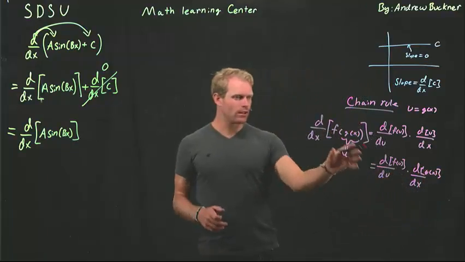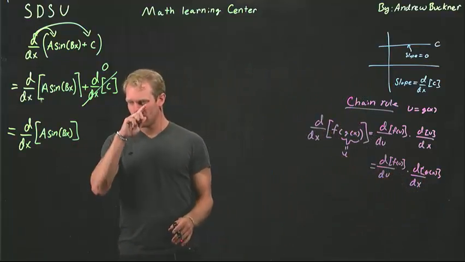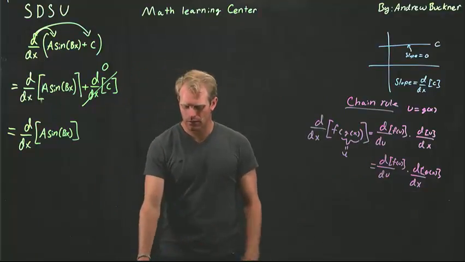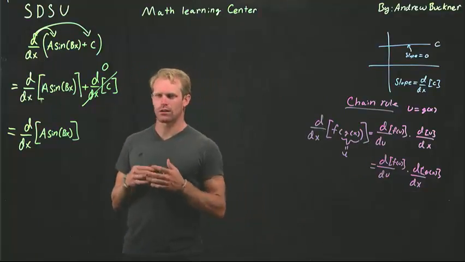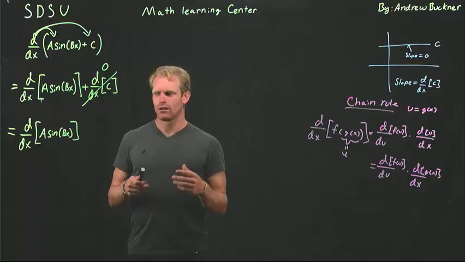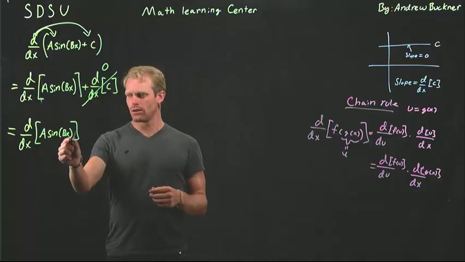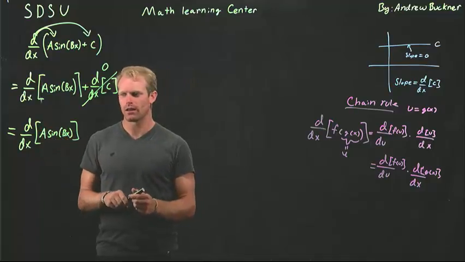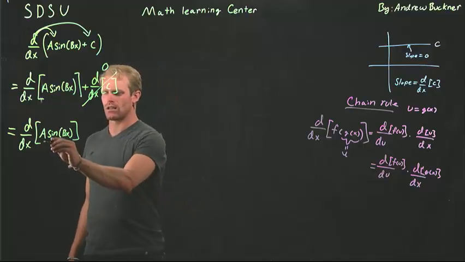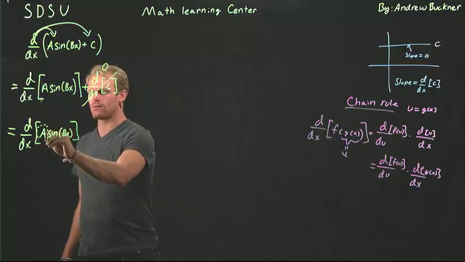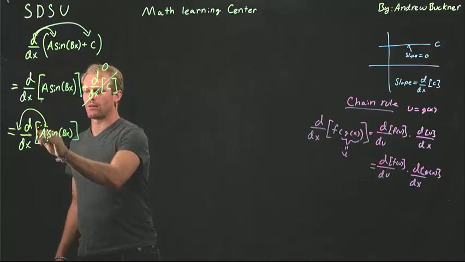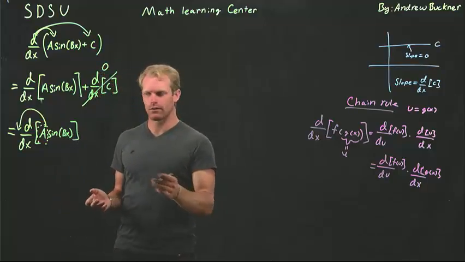So we're going to apply this same thing over here now. I notice here that my composite function has a constant out in front, and there's no x term being multiplied by the a. What this tells me is I can take this and pull it outside of the derivative.